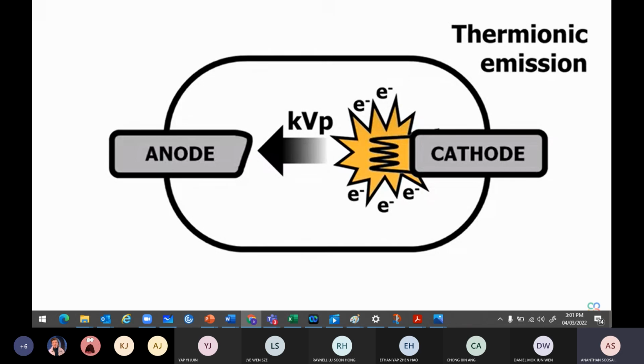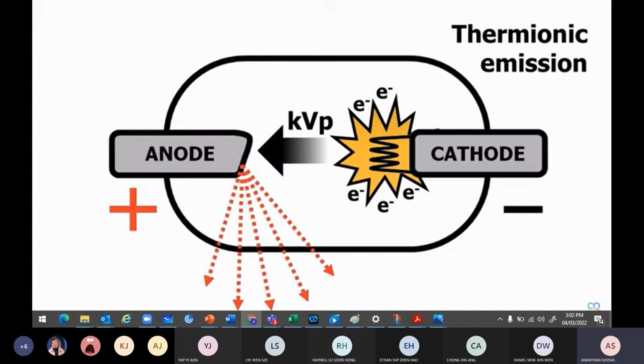This makes sense since opposites attract. The electrons are repelled by the negatively charged cathode and attracted to the positively charged anode. The last step in X-ray production is decelerating the electrons. These highly energetic electrons slam into the anode of the X-ray tube, and in the process of decelerating, they actually release their energy as heat and, more importantly, as X-rays.